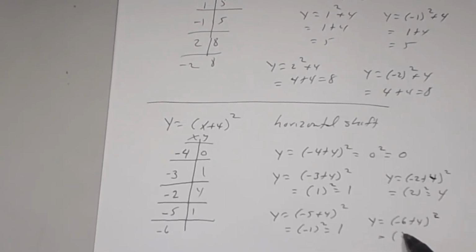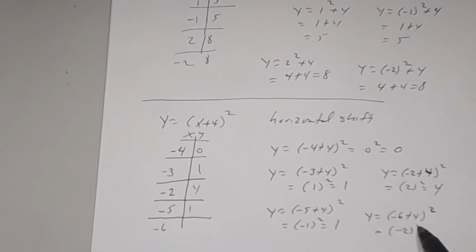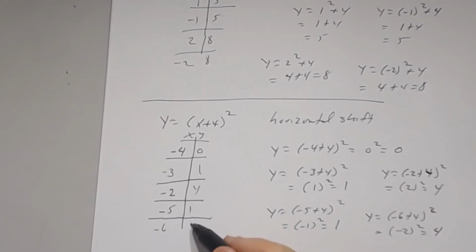What's negative 6 plus 4? Negative 2. And what's negative 2 squared? Positive 4. Notice these two y values here are positive 4. So I'm going to plot those points, and as I'm plotting, listen to what I'm saying. I'm going to use new grid paper. If you need grid paper, there's a bunch of them over there.